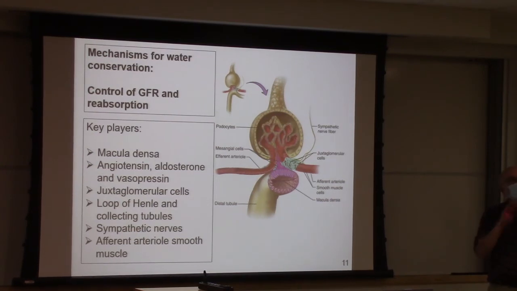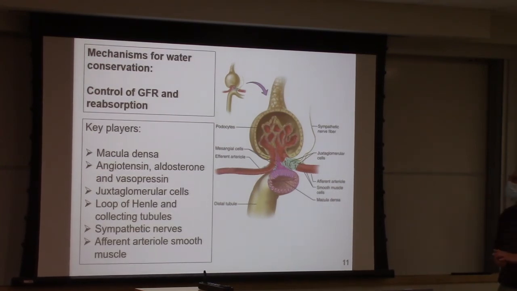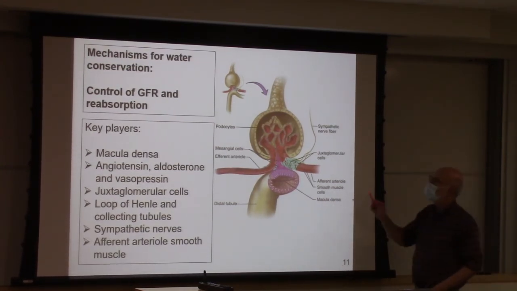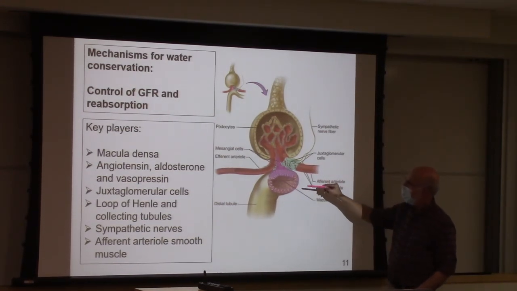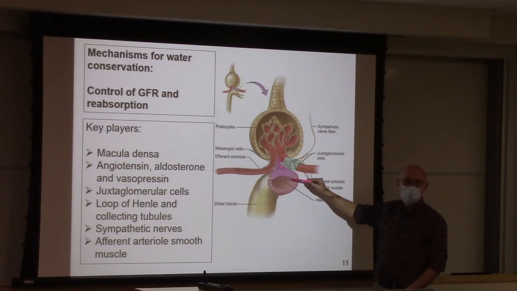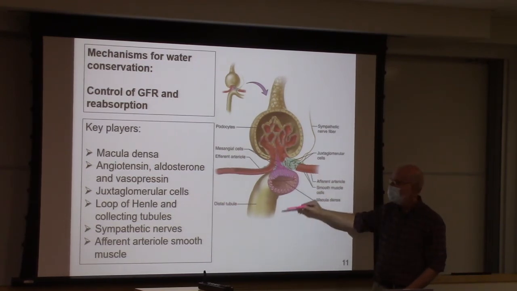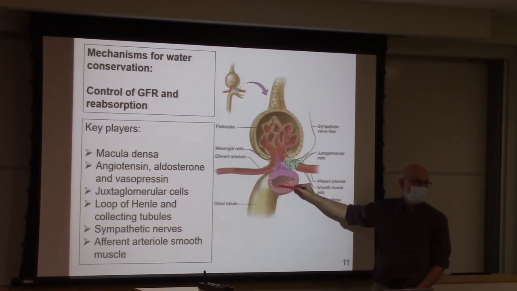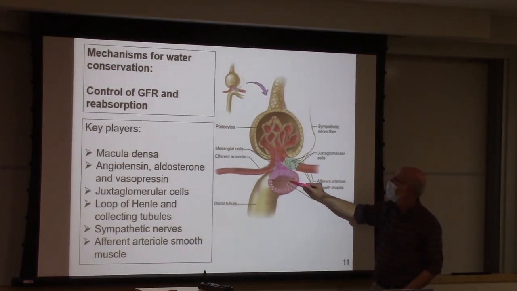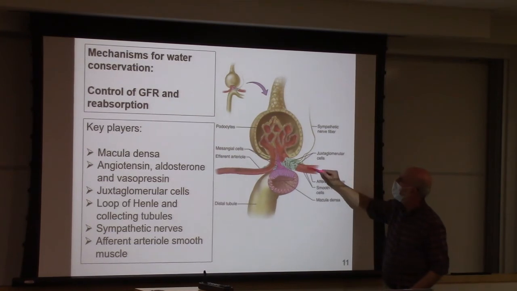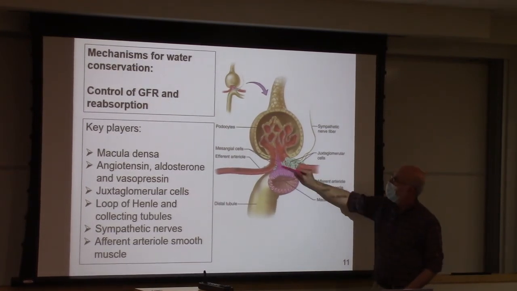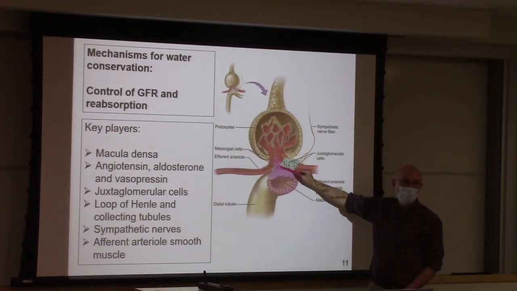So getting back to control, now we're back on track. Remember that here, this sort of looks like one of those worms from Dune, but this is the distal tubule, macula densa, communicating with the afferent arteriole and juxtaglomerular cells.